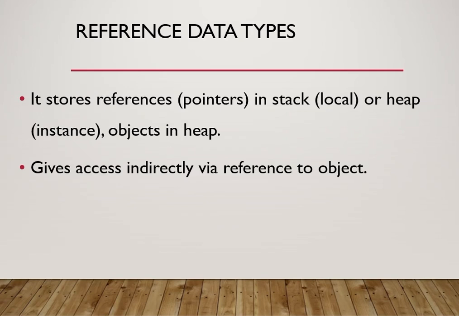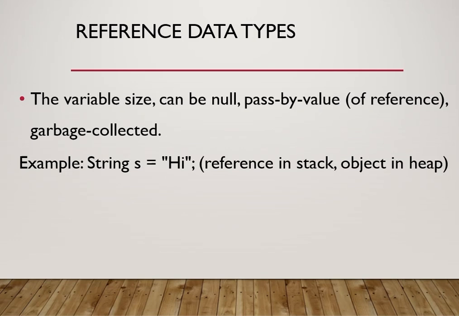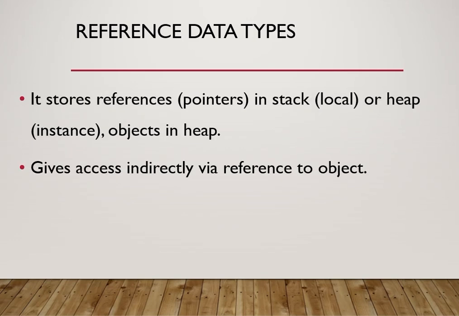The reference data type, moving quickly, stores the references. That is, it saves the pointers in the stack, with the objects in the heap. It also gives indirect access via the reference to the object, meaning the reference data type does not give direct access to the objects, but rather points to where the object is saved.